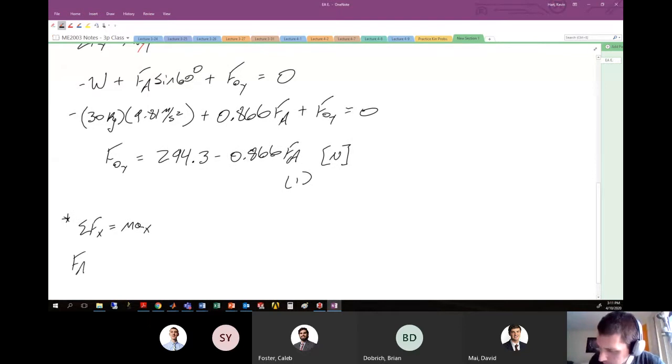And here this is FA cosine 60 degrees in the x direction, plus the force that's occurring at the pin at O, so FOX, crazy like a fox, not to be confused with crazy like Fox News, completely different. This is equal to the mass times the acceleration of this object.